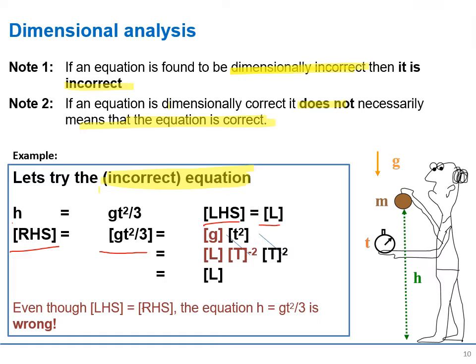Since you drop the 1 by 3 for the dimensional analysis, you will again get L on the other side. So although you get the left hand side equal to the right hand side, this equation is actually incorrect. Even if it is dimensionally correct, it doesn't mean that it is actually correct.